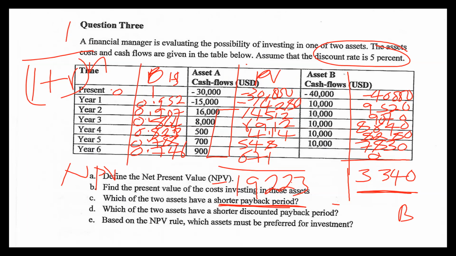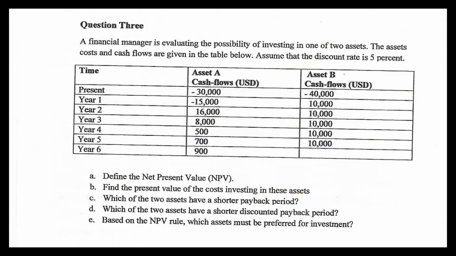Asset B, because it gives us the positive net present value. Any question? So on this one, I think you are right when you said 694.